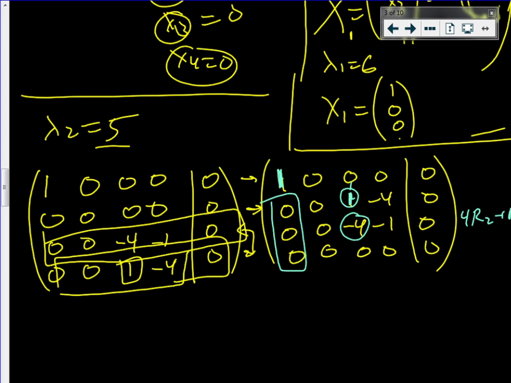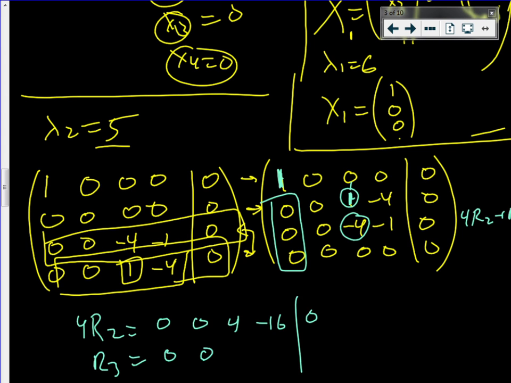And then I'll add row 3 to it. 4 times row 2 is 4 times 0, 4 times 0, 4 times 1, and 4 times negative 4, which is negative 16, and then 4 times 0. And row 3 is just 0, 0, negative 4, negative 1, 0. And if I add them, I get a 0 here, which is what I wanted, and negative 17, 0. And then I'll divide by negative 17 and I get a 1 there.